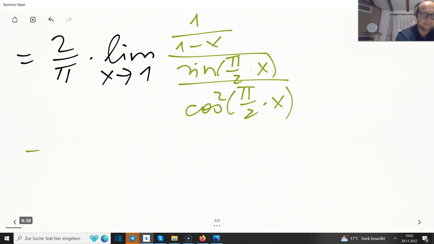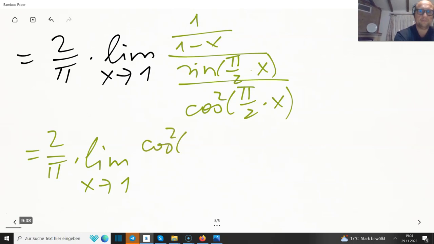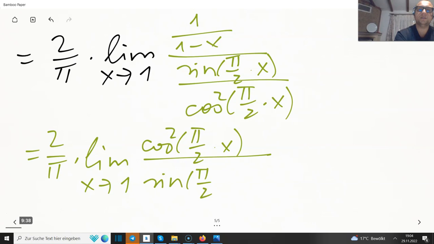So basically we are having this one, limit x towards 1. Cosine is coming up, divided over sine of pi divided by 2x times 1 minus x.